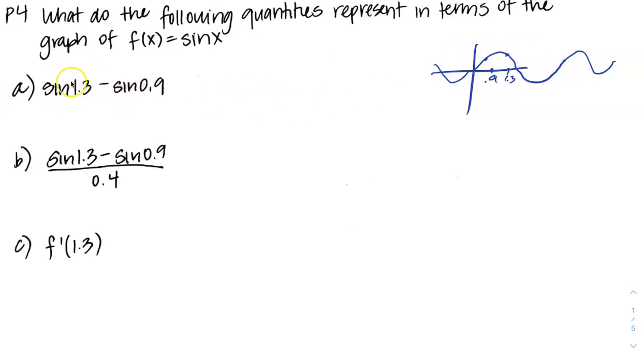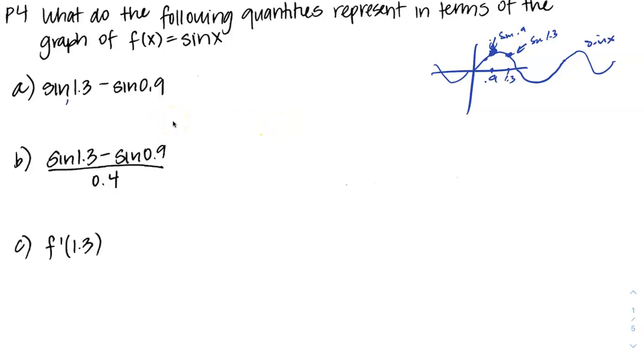Well, these are the y values, right? Sine of 0.9 would be this guy right here, and this point right here would be sine of 1.3. The x values are just the numbers themselves. When you plug it into the sine function, then you get this value.